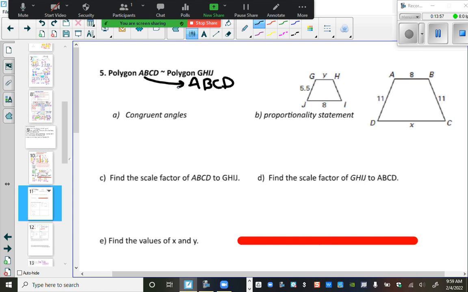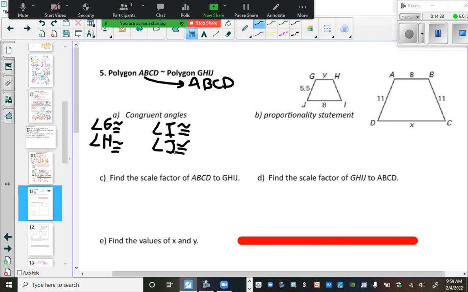Okay, so let's look. Congruent angles. Well, I'll start with angle G, angle H. Oops, I forgot angle I. Angle J. Angle G is congruent to which angle? A, B, C, or D? Somebody pick one. Look at our order. That's what I tell everybody.